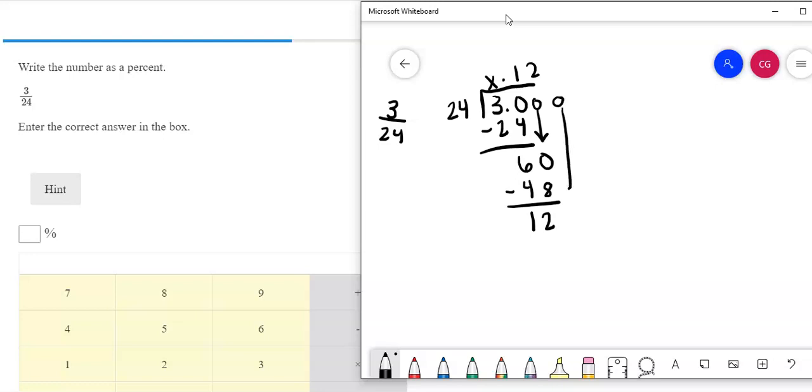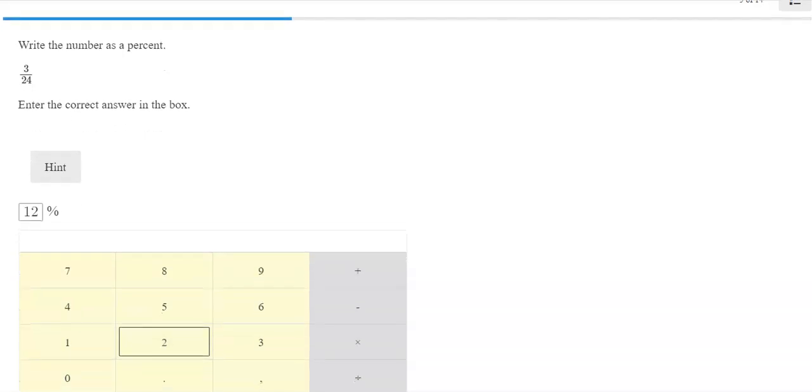Add a 0, drop it down. And lastly, 24 times 5 is 120. Our decimal is 0.125. To change it into a percent, we're going to move it 2 times to the right. So I go 1, 2. So I get 12.5% as my answer here.